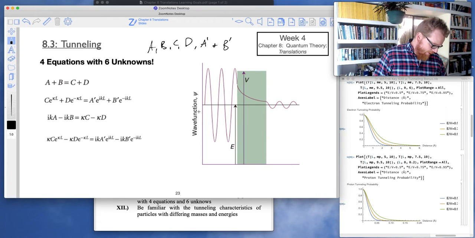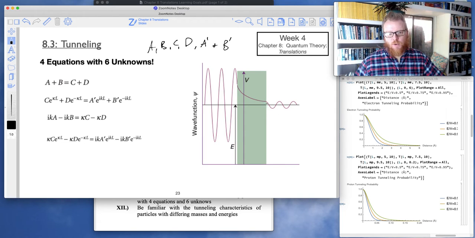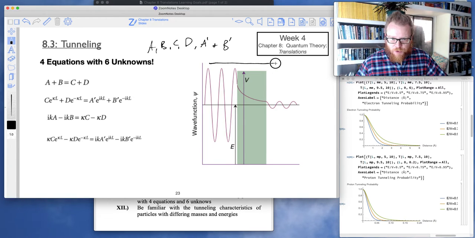Well, let's think about this for a moment, okay? In a given time sequence, what we're really only interested in to solve this problem is forward moving particles. We know that we're going to have a reflected wave here, and eventually if we have some boundary right here, we're also going to have a reflected wave.